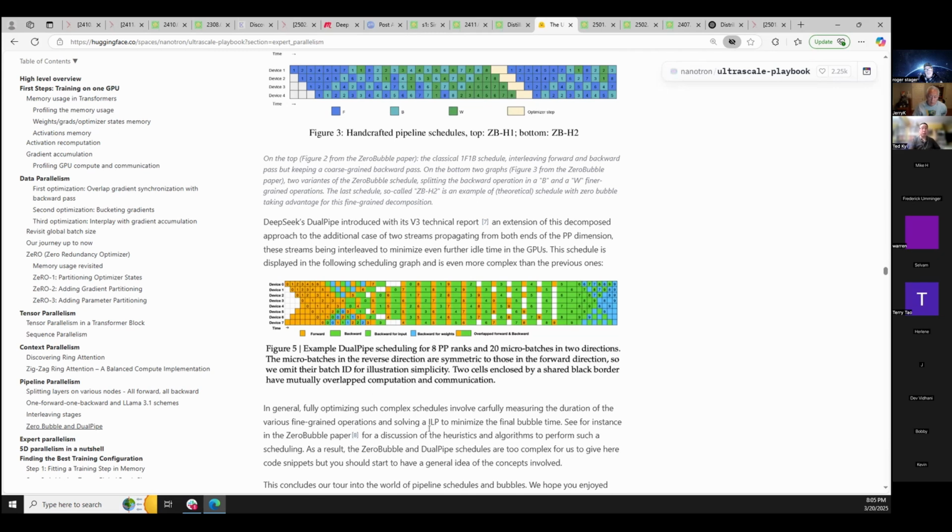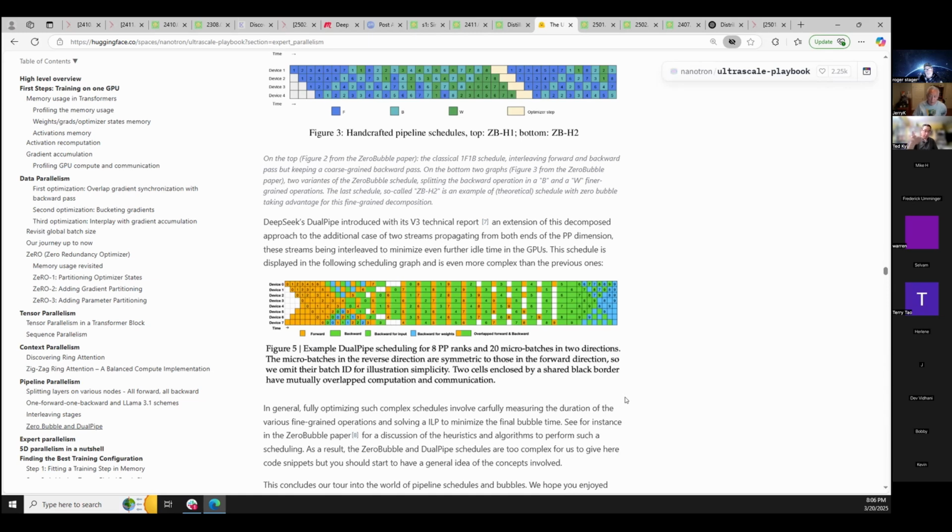And so if you can figure out on my GPU for this exact LLM, how long does the forward take? How long does the B take? How long does the W take? You can try to manually figure out a pattern that has as few of these little white bubbles as possible.